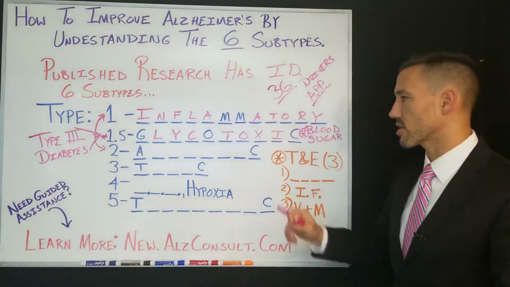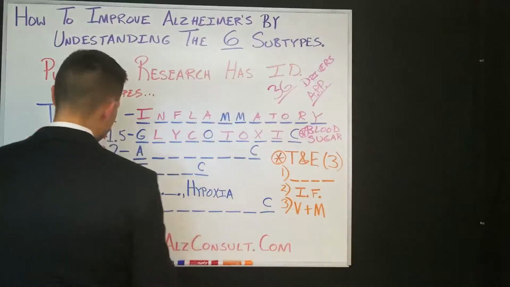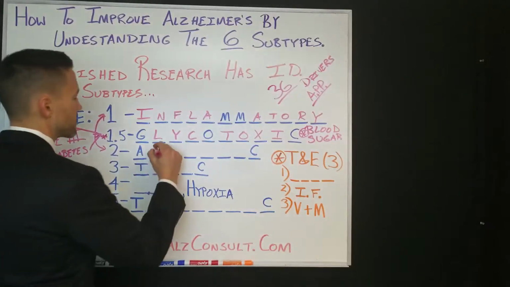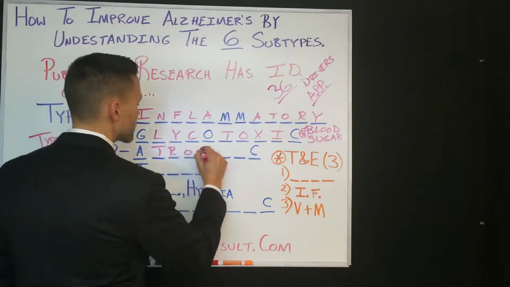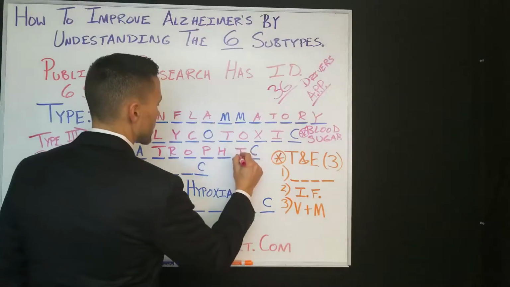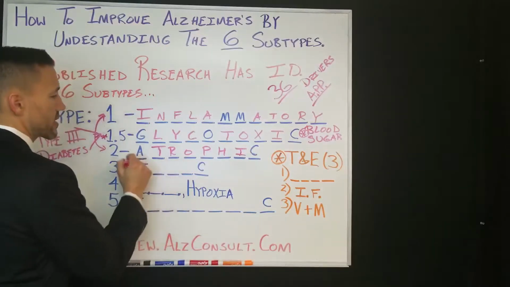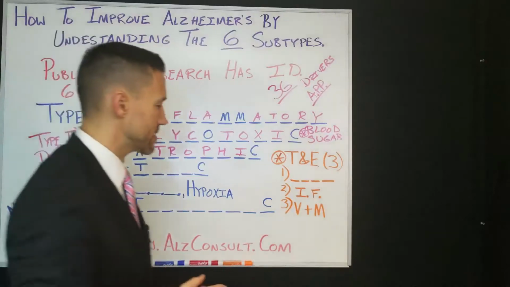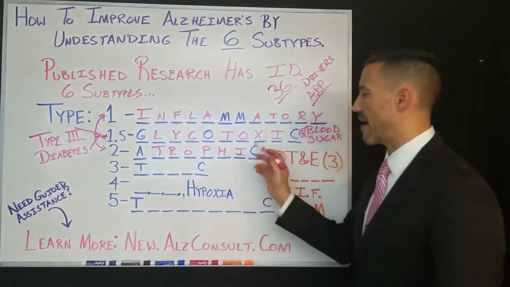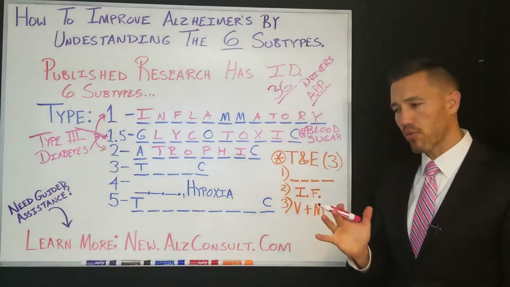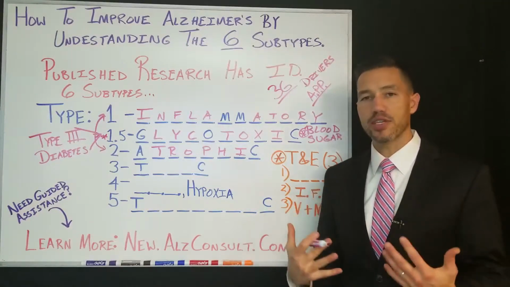So inflammatory, glycotoxic, and number 2, which is actually our third subtype, is atrophic. Atrophic basically means you don't have enough vitamins, minerals, and hormones for the neurons and the nerve cells to stay healthy.